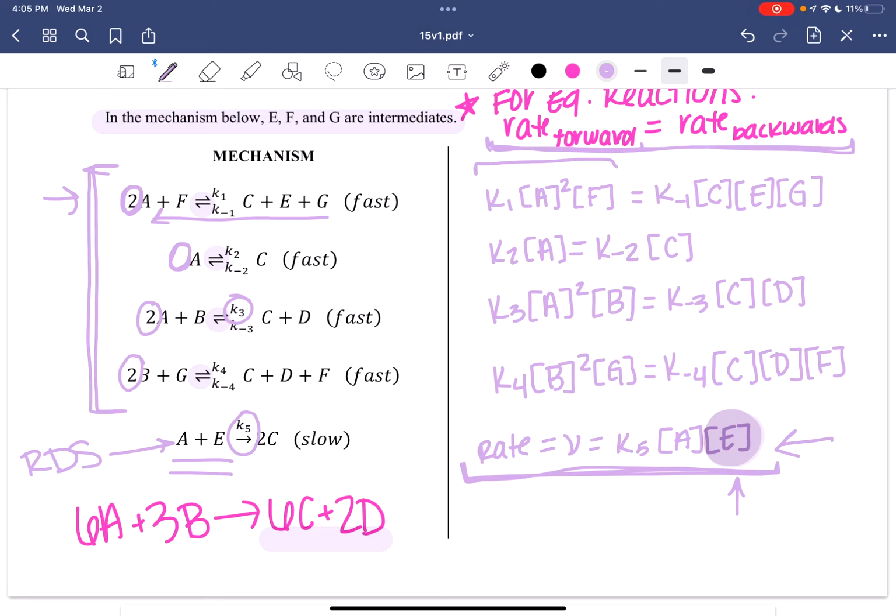So it won't appear in the final chemical equation, but it does appear when we write out these mechanism steps.